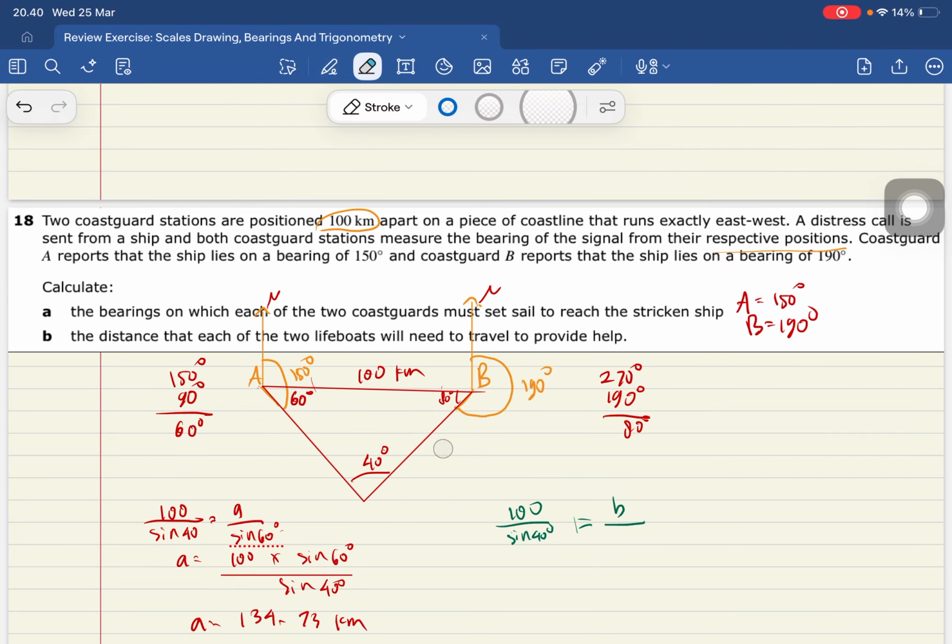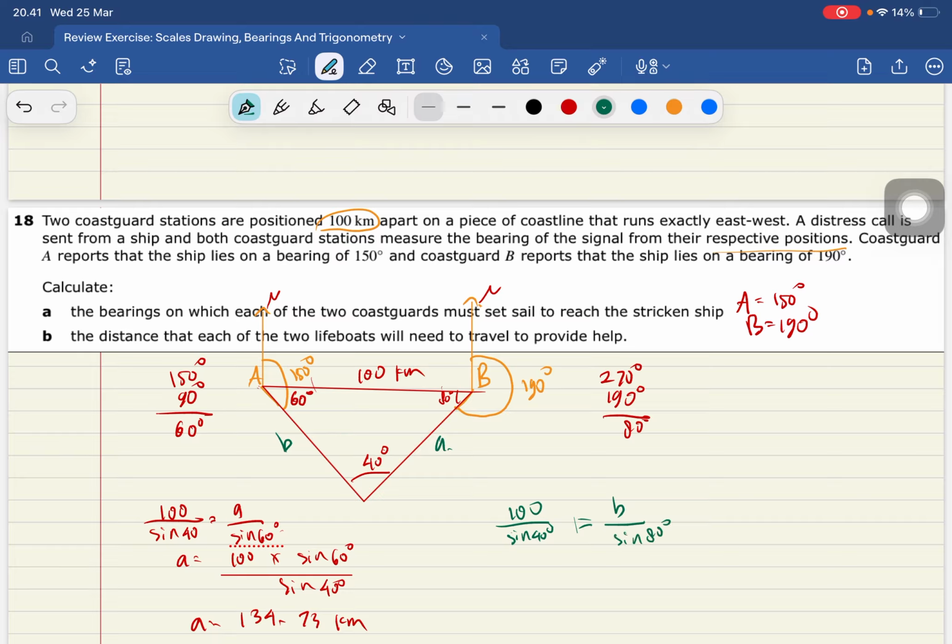Okay, this is B, and this is A. For B, the opposite of it is sin of 80 degrees. So we can make B equal to 100 multiplied by the sin of 80 degrees, then divided by the sin of 40 degrees. So for B, after using a calculator, you will get the answer of 153.21 kilometers.